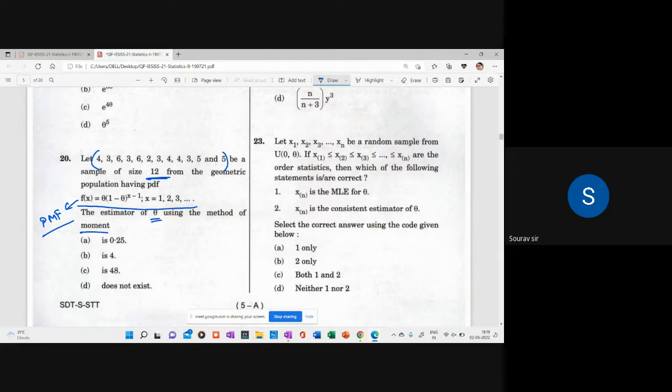Okay, so method of moments, we need to write down the sample first.